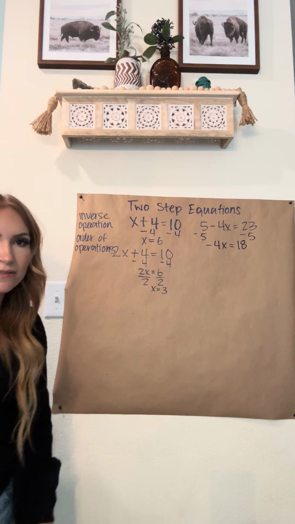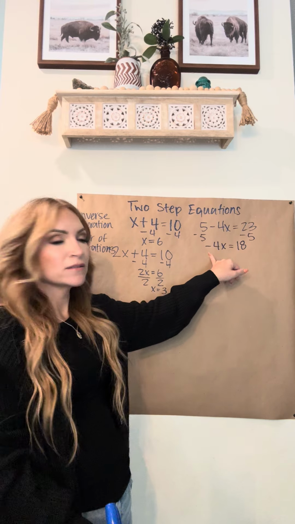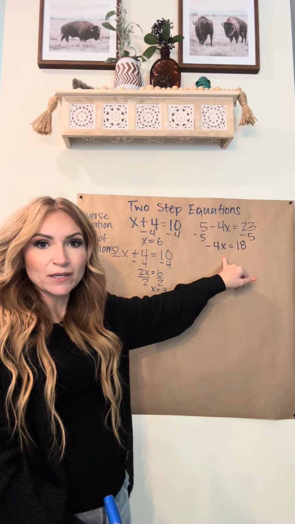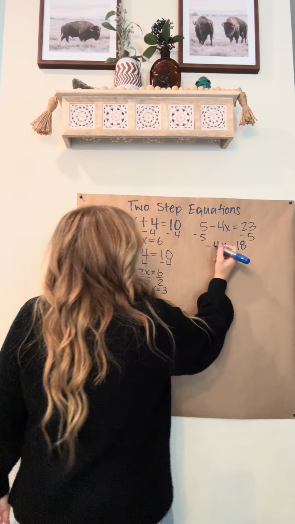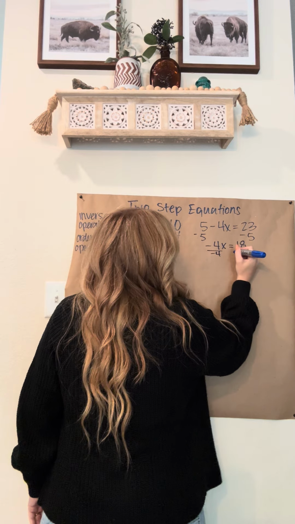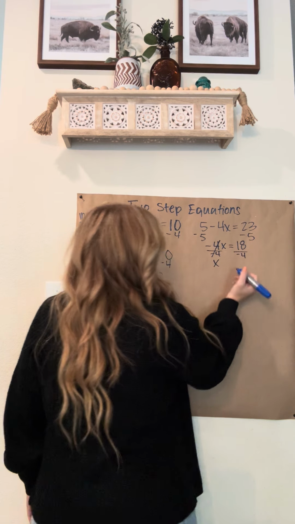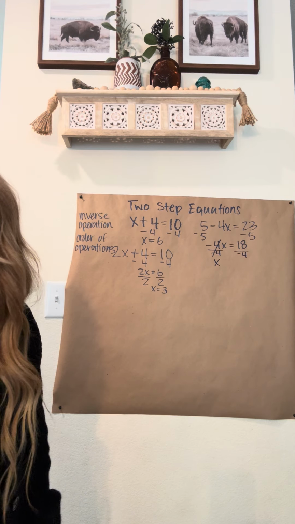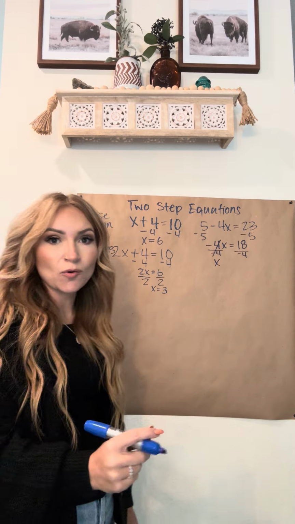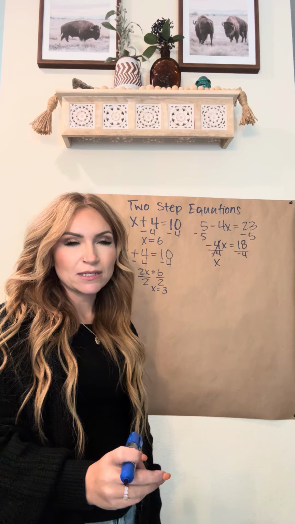And then what's the next step? The next step, right, is going to be division to get that x by itself. So we divide by negative 4, divide by negative 4. Those cancel each other out, right? And then can 4 go into 18 evenly?